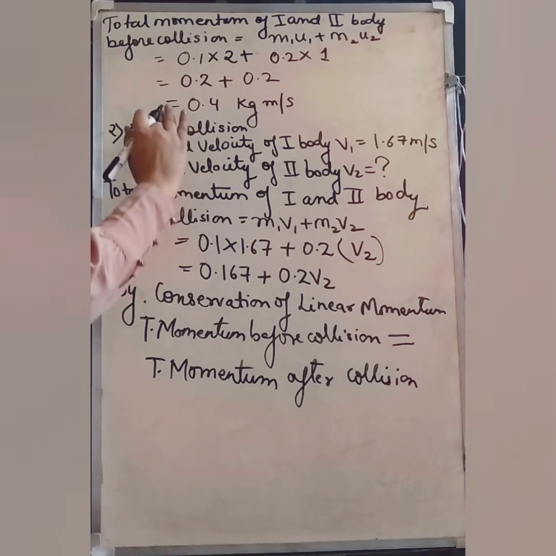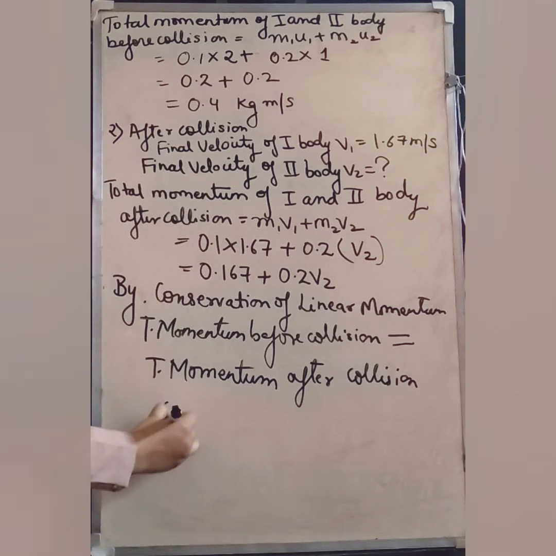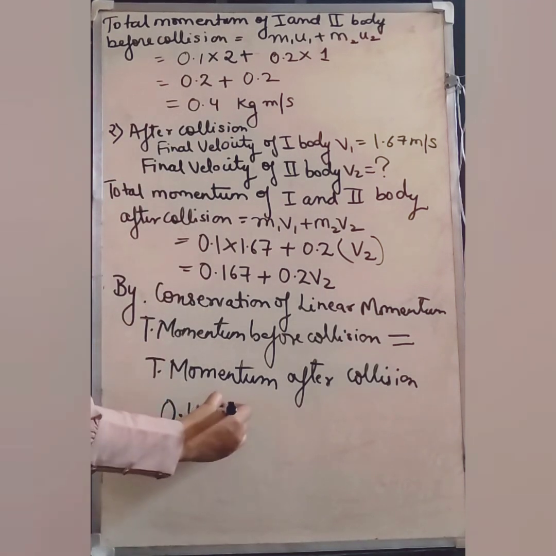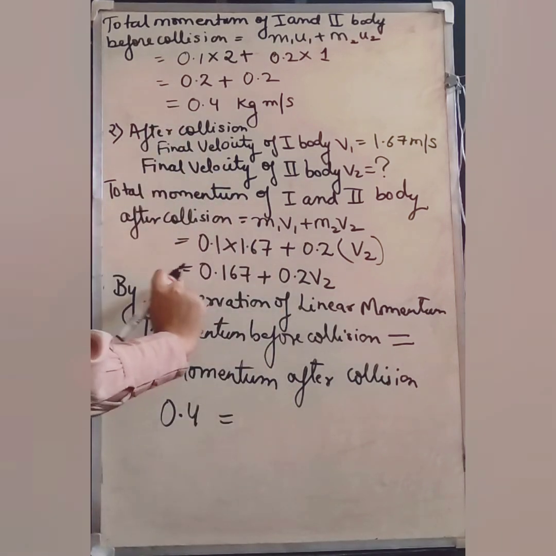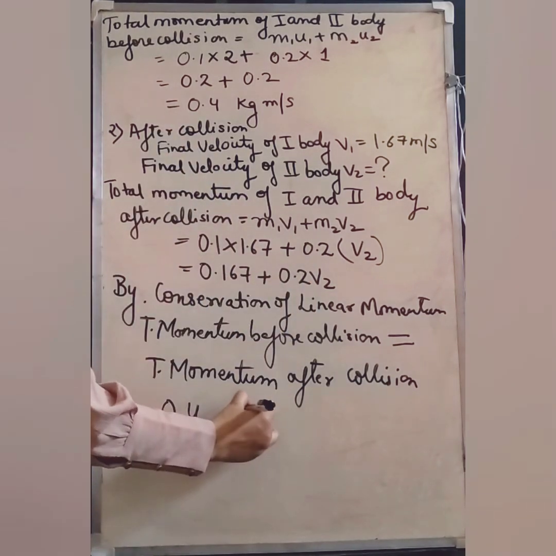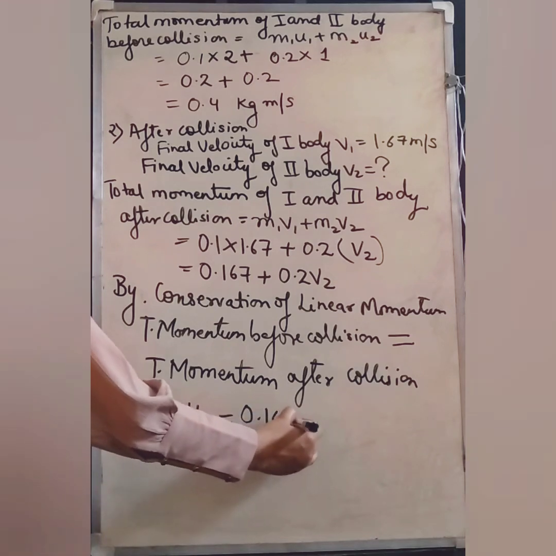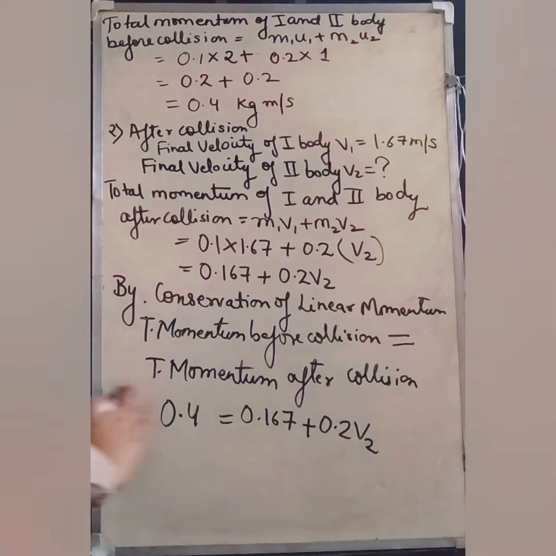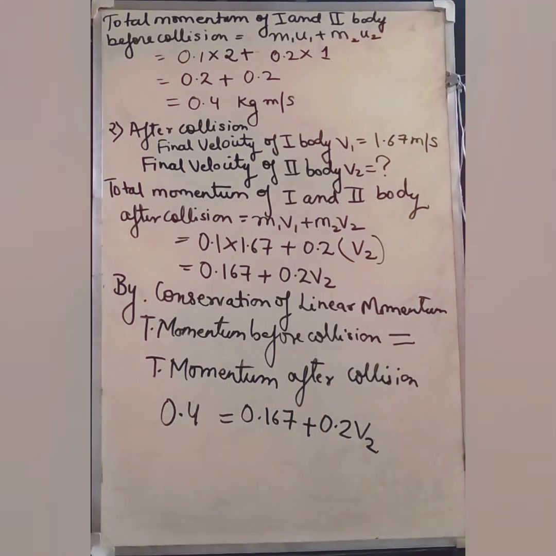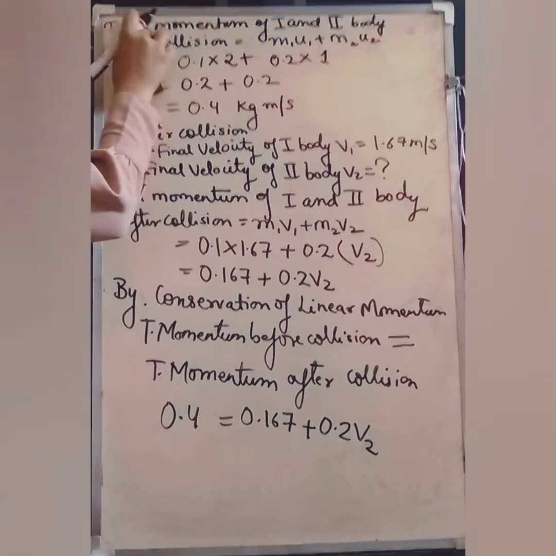So total momentum before collision is 0.4, equal to total momentum after collision, which we have calculated here, it is 0.167 plus 0.2 v2. So now we simply have to solve this equation.